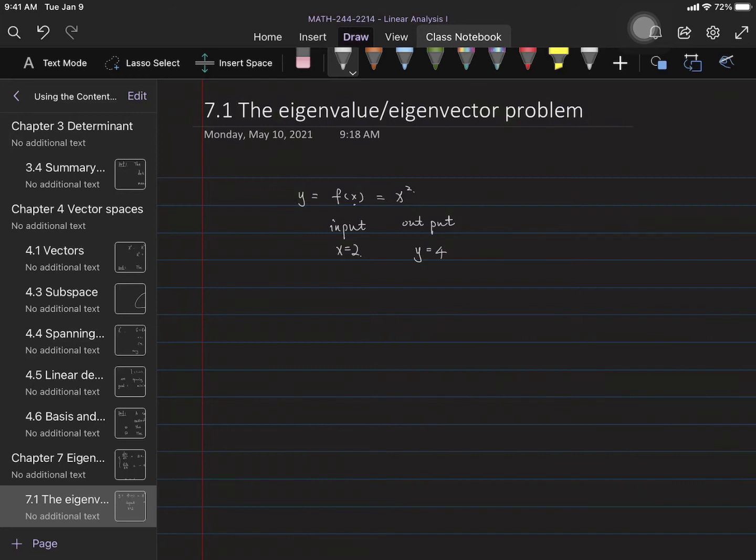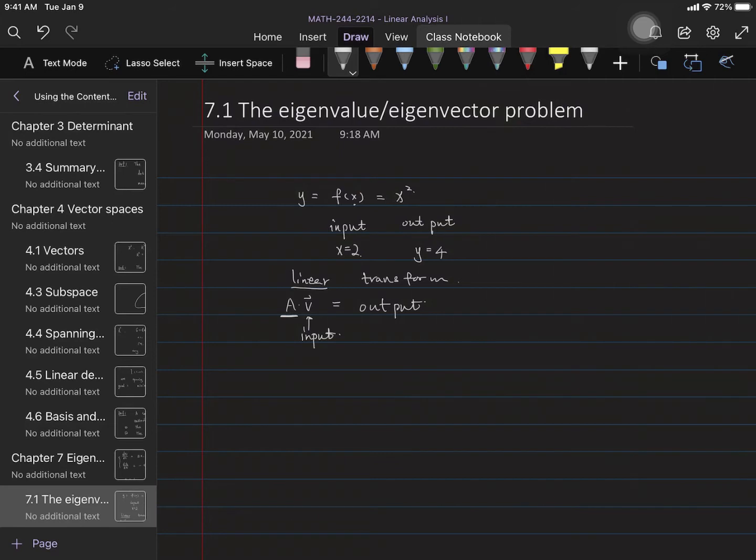For any function, given an input, we have an output. Now let's take a look at matrices like A times a vector V. We call this a linear transform. Why is it called linear? Because A is made of numbers. Here we call this the output, and this is the input.